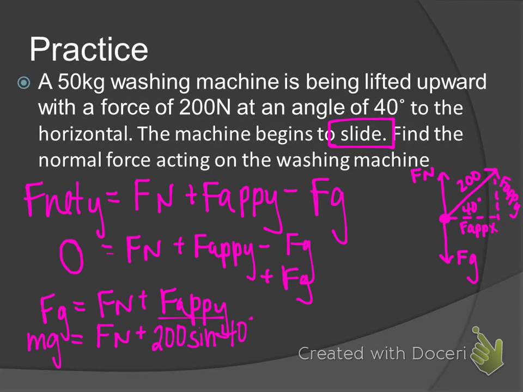So mass times gravity, 50 times 9.8 equals the normal force, plus 200 times sine of 40, which I got to be about 128.6.